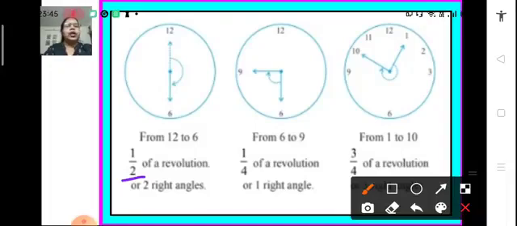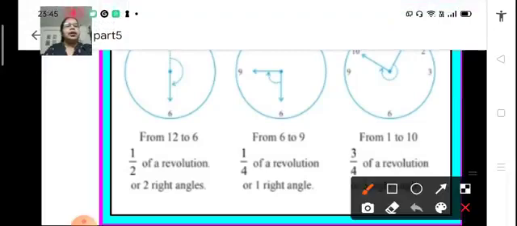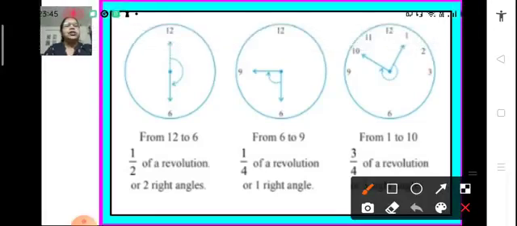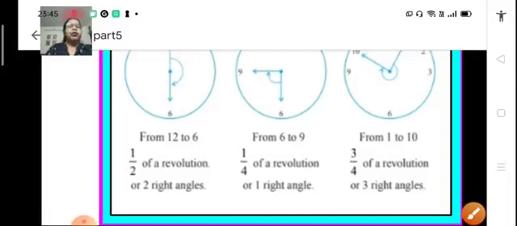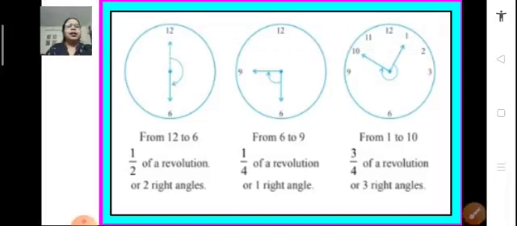And in the second example, if the clock hand moves from 6 to 9, then it completes 1/4 of a revolution, or a 90 degree angle it forms. And if the clock hand moves from 1 to 10, that means it has completed 3/4 of a revolution, or it has moved through 3 right angles.